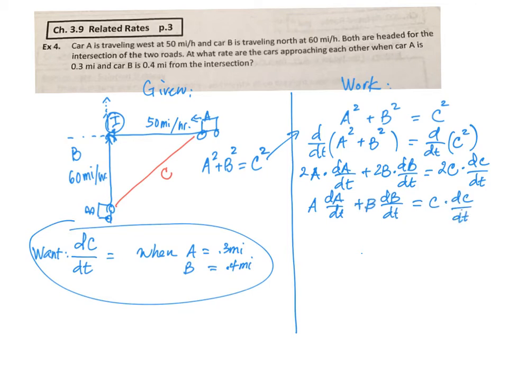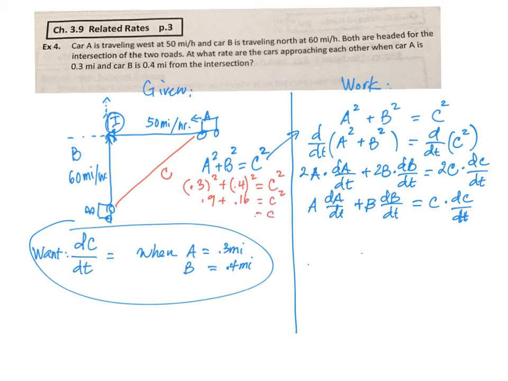We have a and b. Now we need to find c. We know that a squared plus b squared equals c squared. So we have 0.3 squared plus 0.4 squared equals c squared. 0.09 plus 0.16 equals c squared.